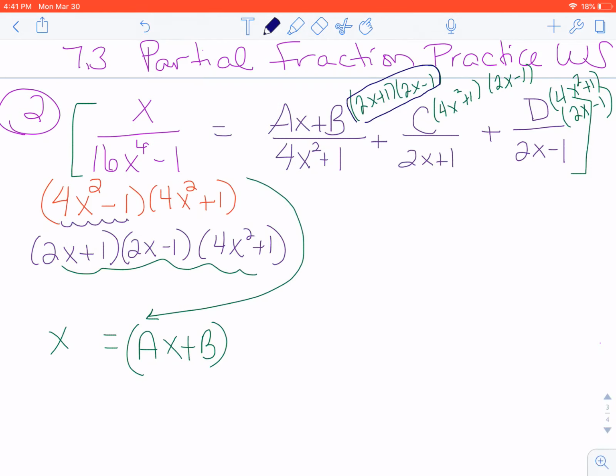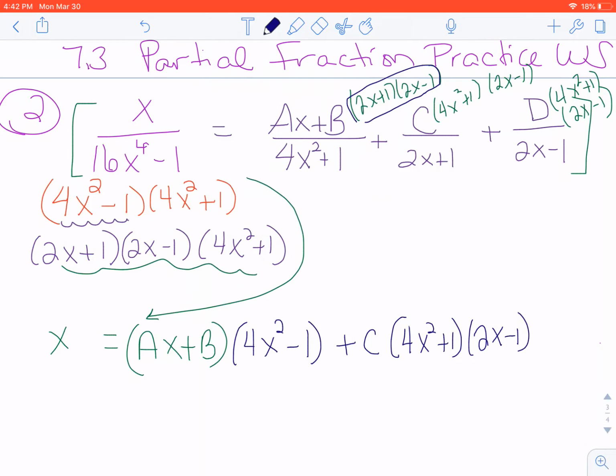Well, 2x plus 1 times 2x minus 1 was that difference of squares, 4x squared minus 1. And then you're taking c, and multiplying it by 4x squared plus 1 and 2x minus 1.